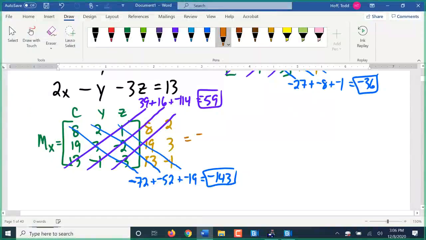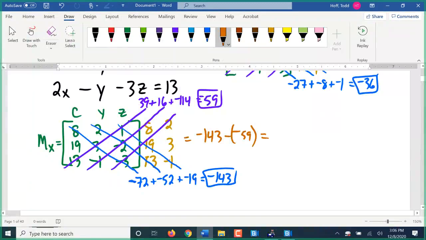So we have -143 minus a -59. What's that coming out to be? I'm thinking I missed something there. Oh, that looks right.